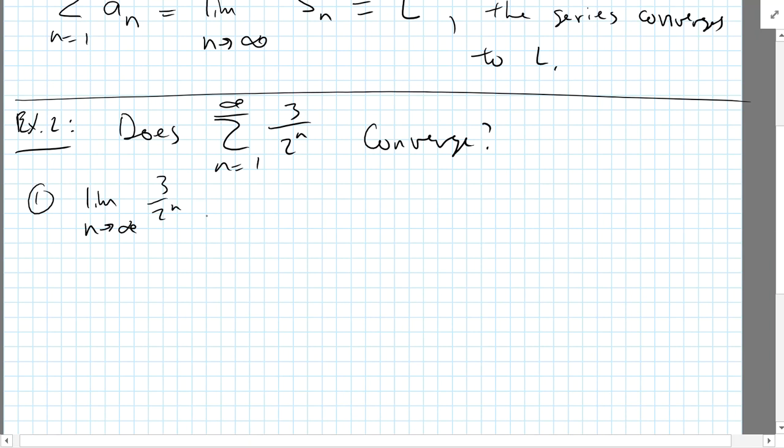What's it equal? Well, the bottom is going to infinity, so the whole thing is going to equal 0 because you're dividing by infinity. So therefore, the limit exists. Since the limit exists, the sequence converges.